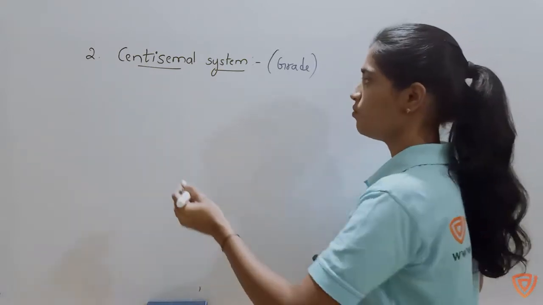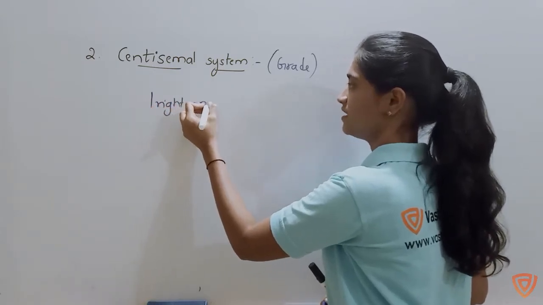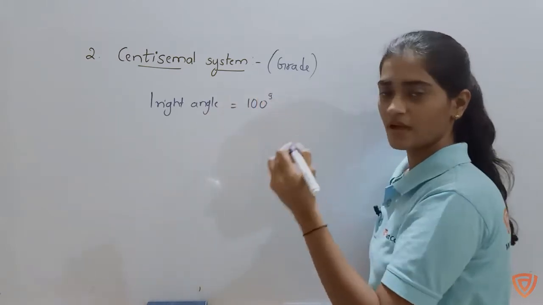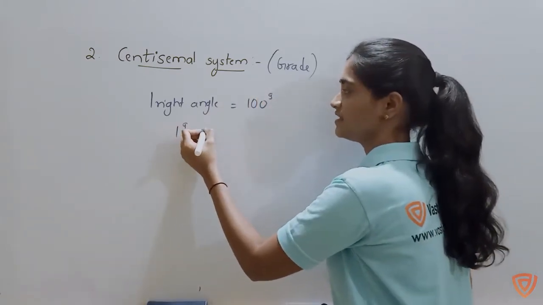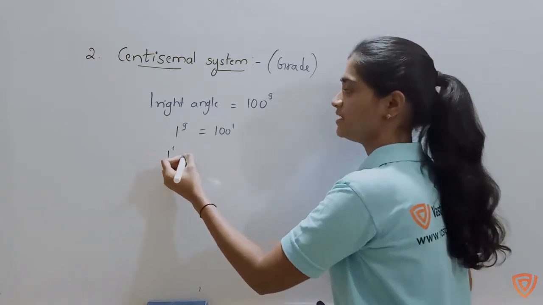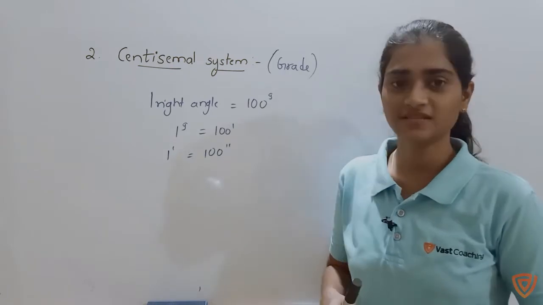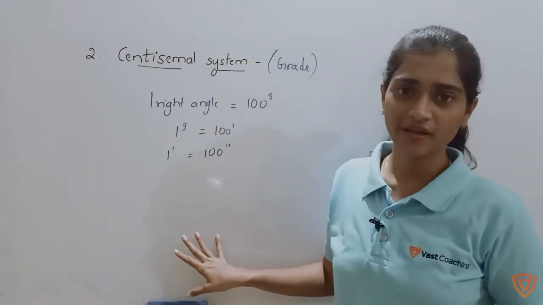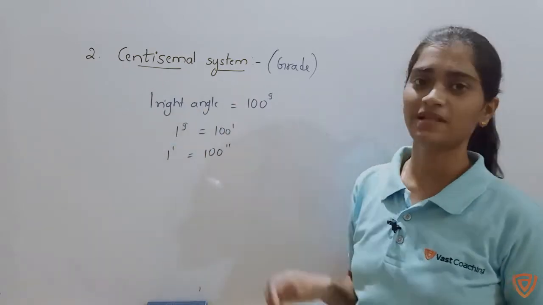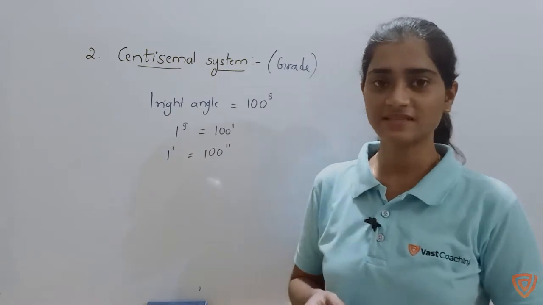So here one right angle is nothing but 100 gradian and 1 gradian is nothing but 100 minutes and 1 minute is nothing but 100 seconds. So in this system everything is in terms of hundreds, so that's why the name is centesimal system. And the last system is the circular system.